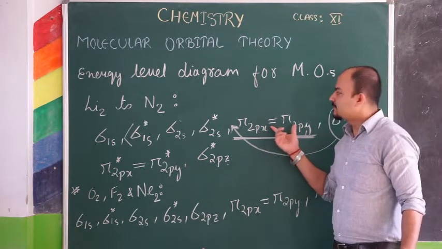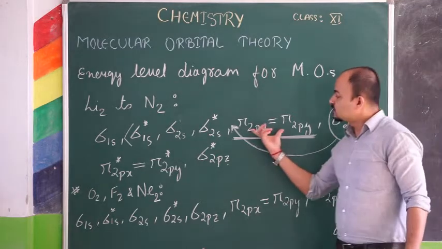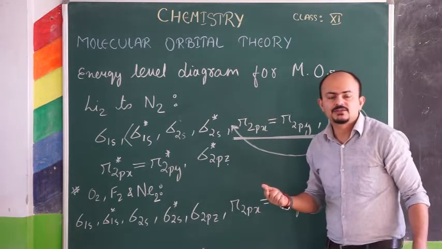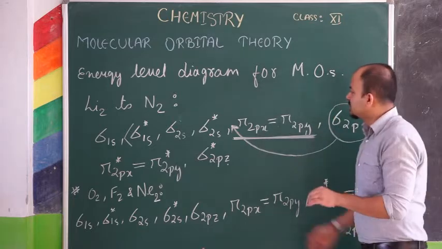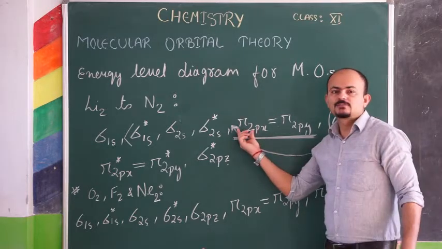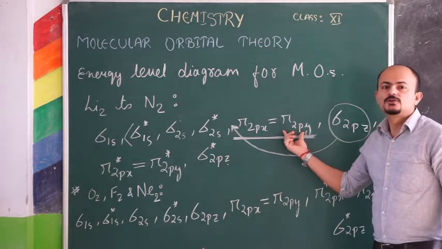That means whenever you are filling the electrons, since these two are degenerate orbitals, meaning they have the same energy, each has a maximum capacity of 2 electrons.